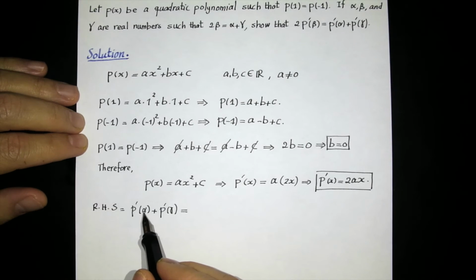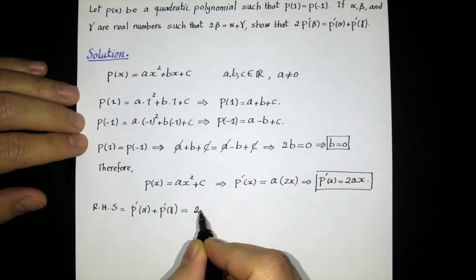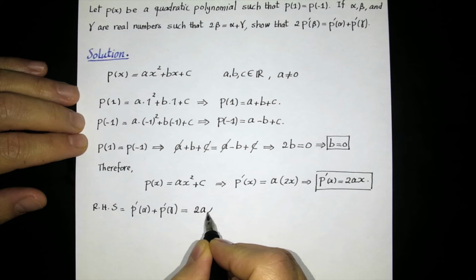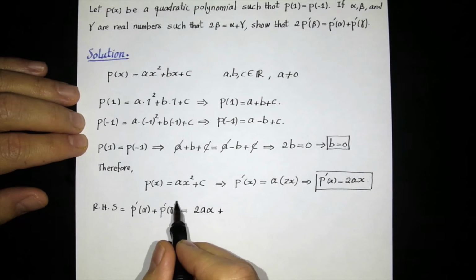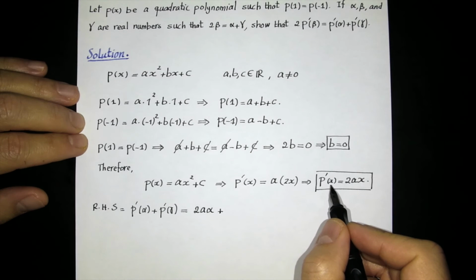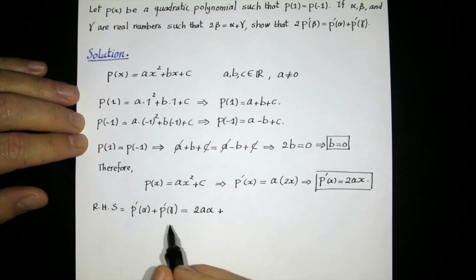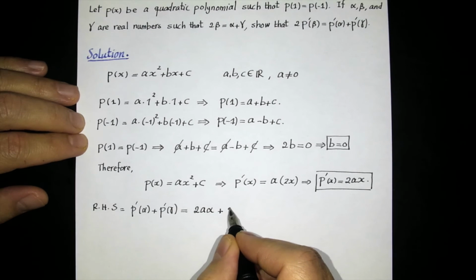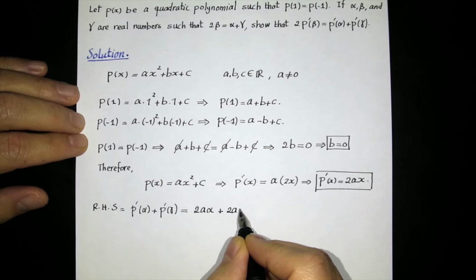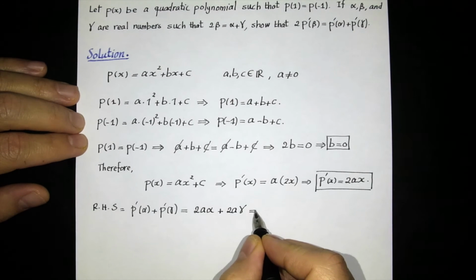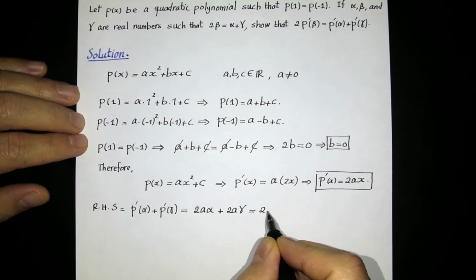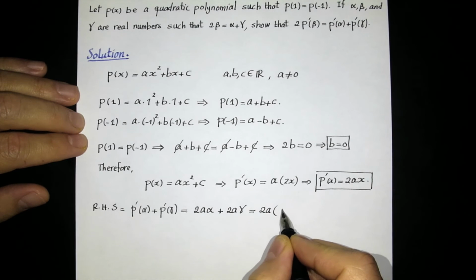This gives you 2a alpha. And then plus p prime of gamma: go to your derivative p prime, replace x by gamma. So this becomes 2a times gamma. But you immediately see that you can factor 2a out, and what is left is alpha plus gamma.